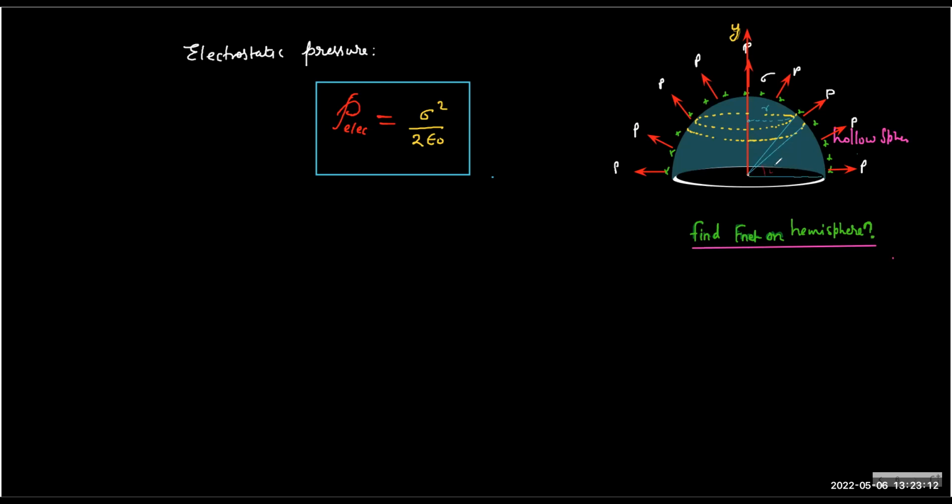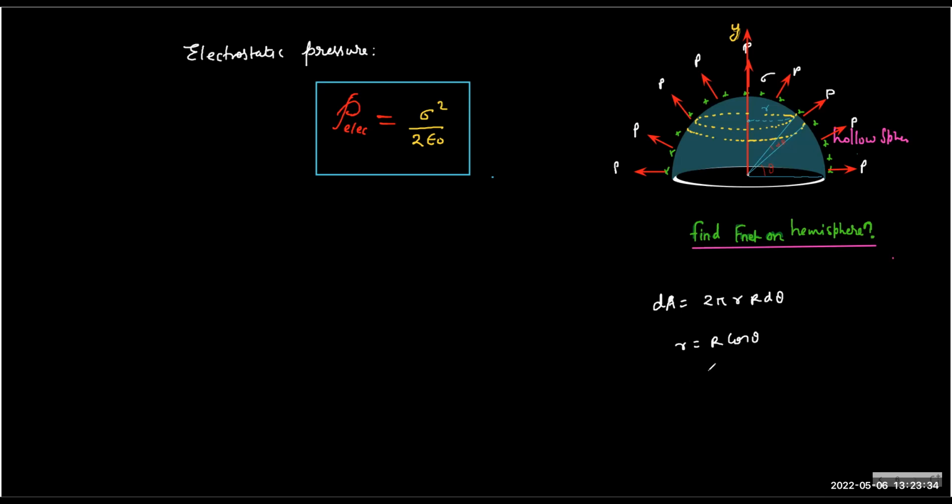So now this is theta and this is d theta. You can find the area of this circular ring which you have cut, and that area we can write as 2 pi small r into R d theta, and small r we can write as R cos theta, right?